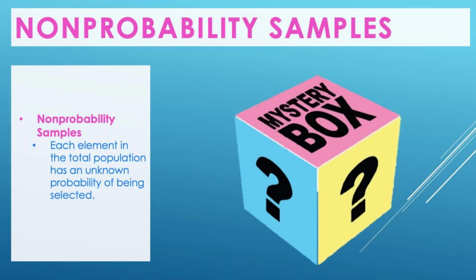Okay, and the last thing that I want to talk about today are non-probability samples. So just as we discussed for probability samples, where there is a known probability of being selected in the sample, non-probability samples are distinct and unique because it means that each element in the total population has an unknown probability of being selected.